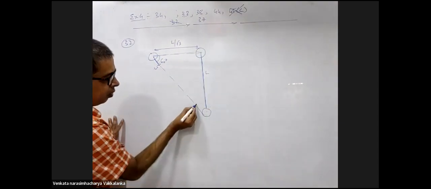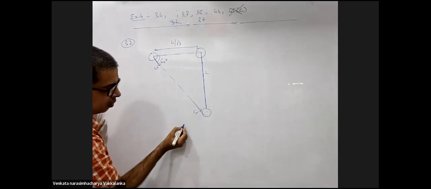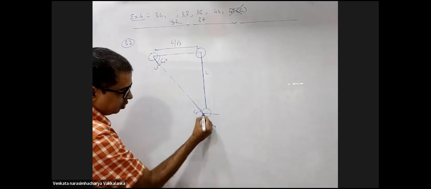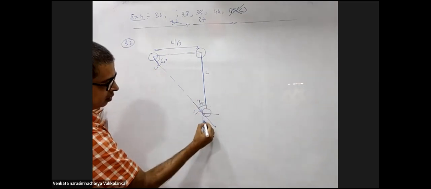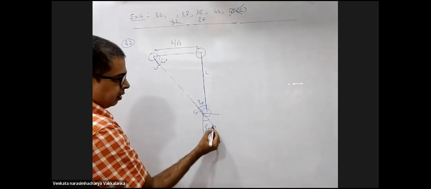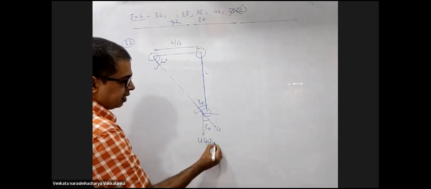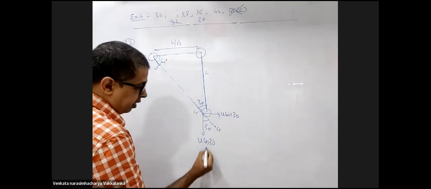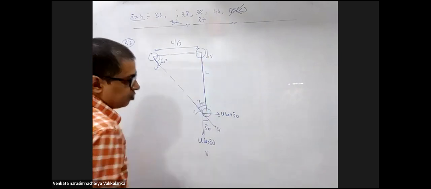Yes, sir. Initial velocity just before the string became taut is u. If this is 60, this is 30. This will be 30, right? Resolve correctly. This is u. This will be u cos 30, u sin 30. U sin 30 will remain unaffected, but this velocity will become v. This will also acquire a velocity of v.